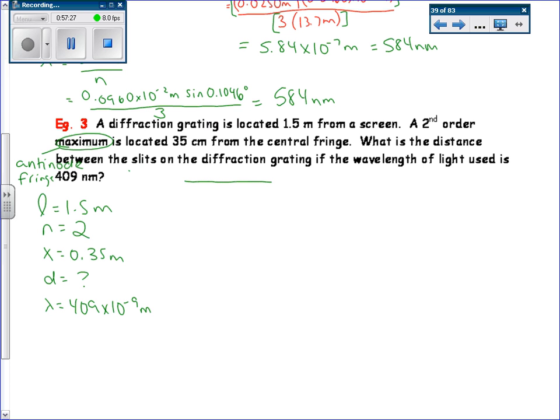So we want to check our angle first. Okay, so we have 1.5 for L and 0.35 for X. So theta is equal to inverse tan of 0.35 meters over 1.5 meters.